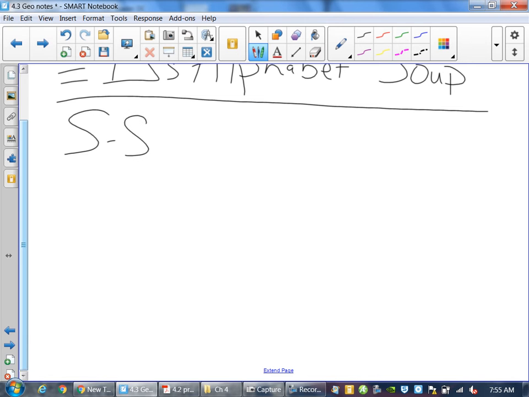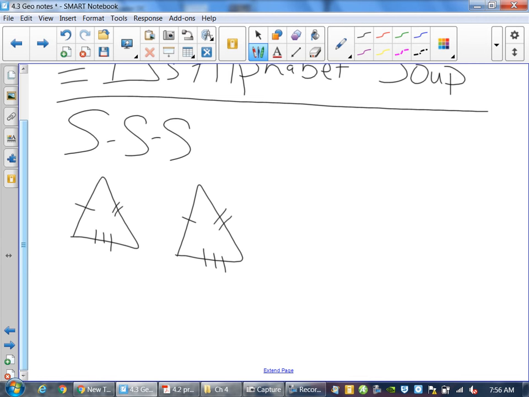Side, side, side. If you have all 3 corresponding sides congruent between 2 triangles, the triangles are congruent. Here's what that looks like. One triangle has those 3 sides. Another triangle has those 3 sides.